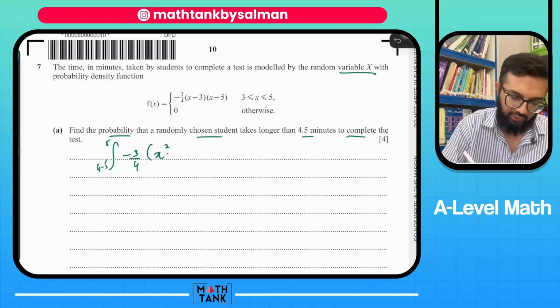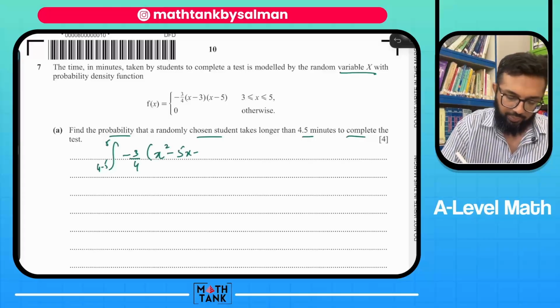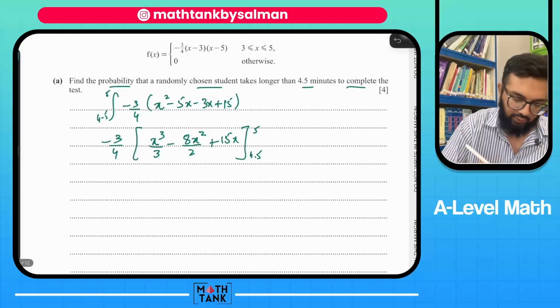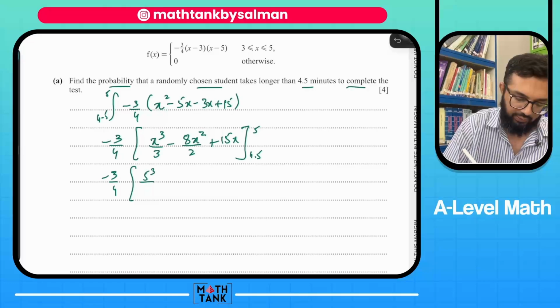I'm going to expand this because it's best to integrate it with an expansion. So it's going to become x cubed over 3 minus 8x squared over 2 plus 15x, between 4.5 and 5, minus 3 over 4. I have to show you the limits.